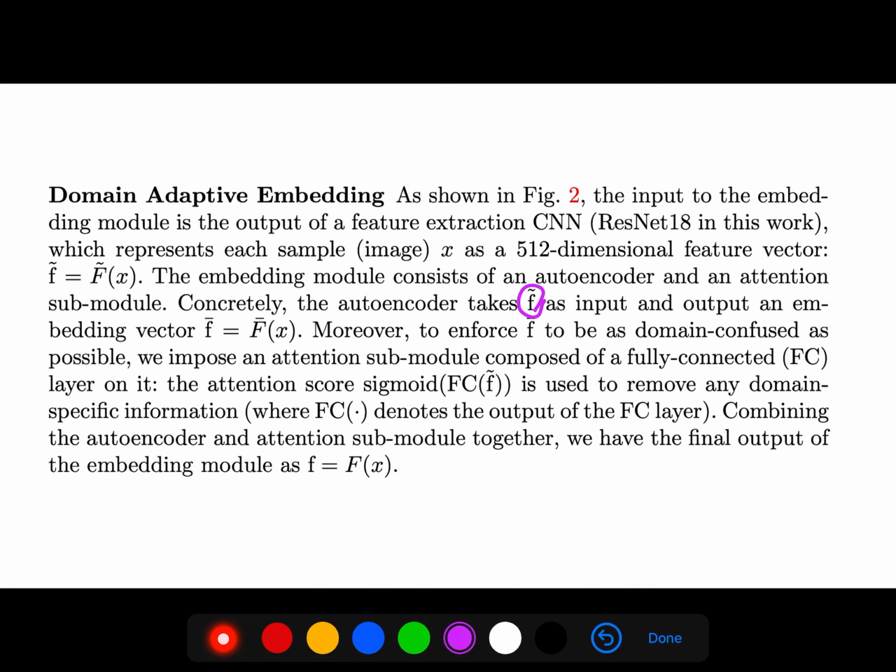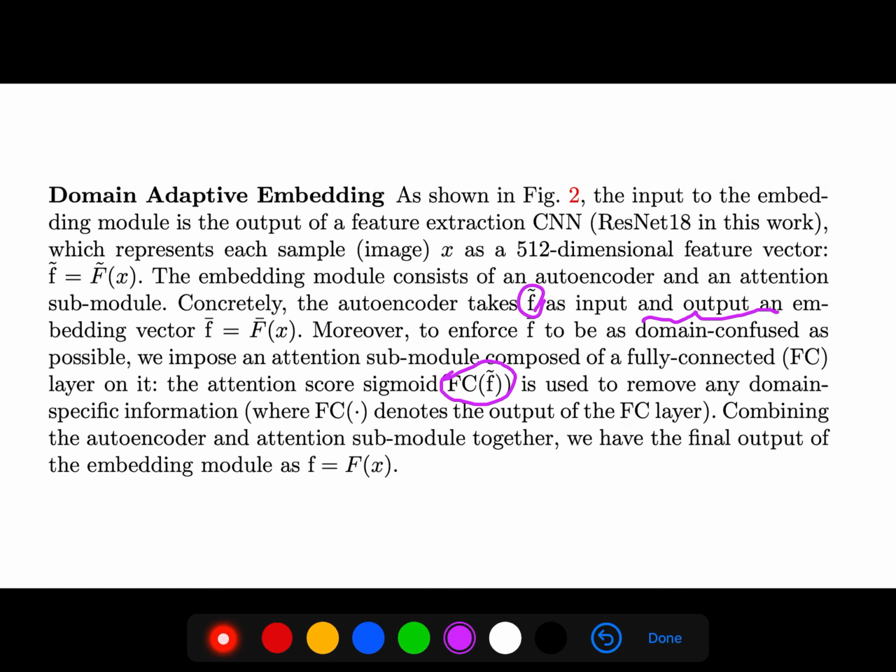To enforce f to be as domain confused as possible, we impose an attention submodule composed of a fully connected layer. So the attention is core. When you give the f tilde to this fully connected layer, it is used to remove any domain-specific information.